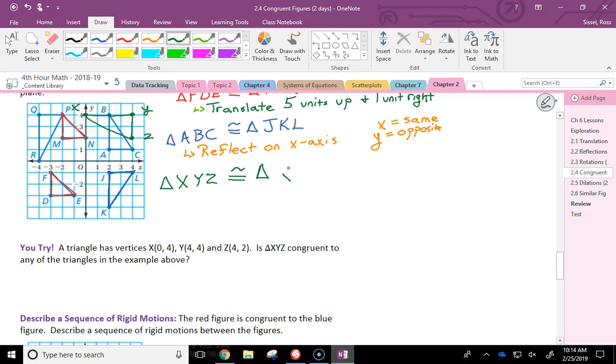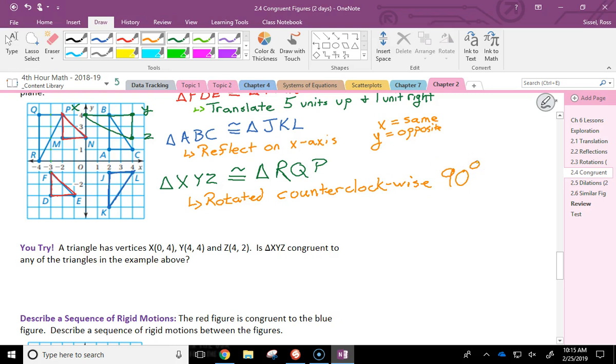So X, I'm going to go to R. So triangle R, Q, P. And the way we did this, rotated counterclockwise (90 degrees).